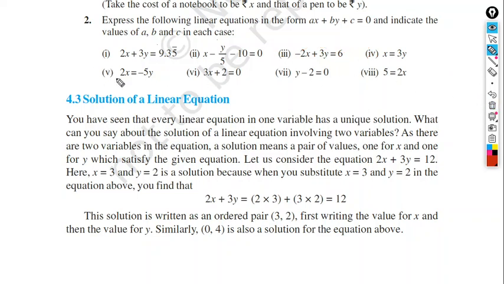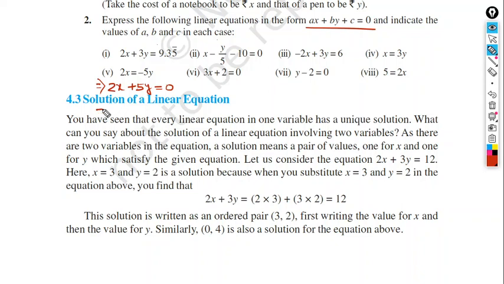Let's start with V. So V is saying 2x equal to minus 5y. Now implies we will bring this minus 5y to LHS. So 2x plus 5y equals to 0. Now we have to write it in the form of ax plus by plus c equal to 0.